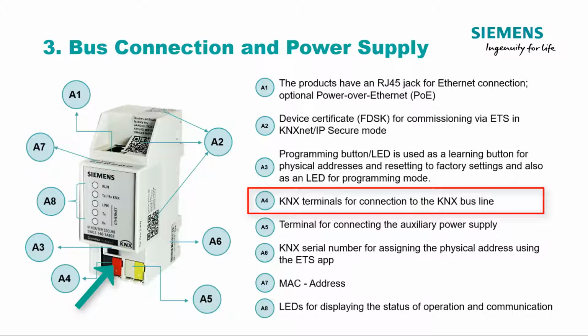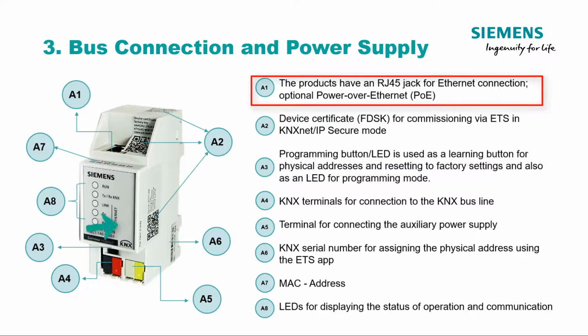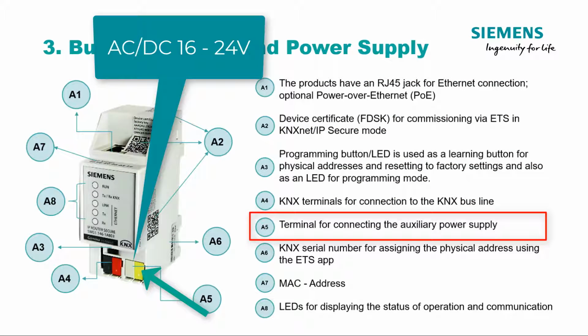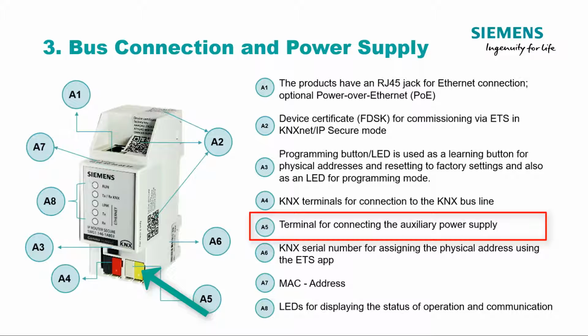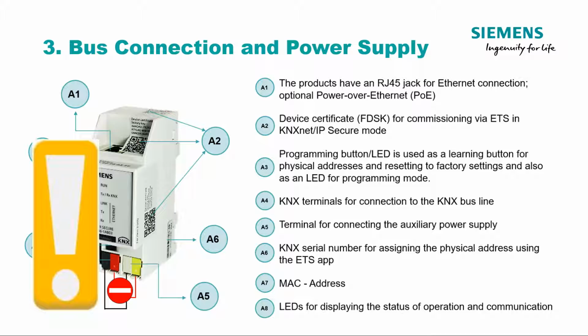This additional supply is provided either via Power over Ethernet (PoE) or via the additional yellow-white connection terminal with AC/DC 24 volts. Of course, it is also possible to use the unchoked voltage of the bus power supply for this purpose, but never connect the KNX bus directly to the auxiliary voltage terminals.